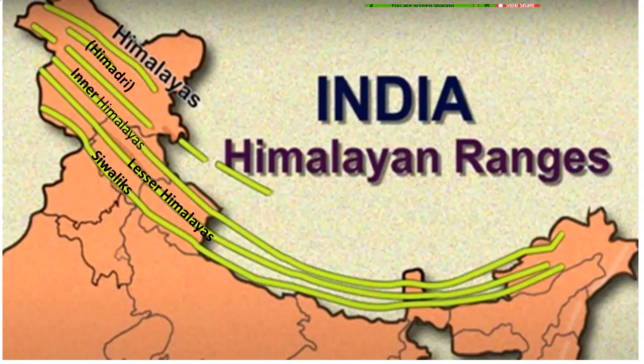From the Greater Himalayas onwards, towards the north, the altitude of most of the mountains is more than 6,000 meters above sea level.